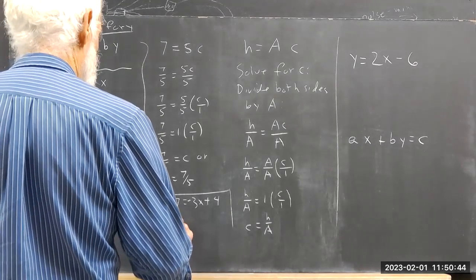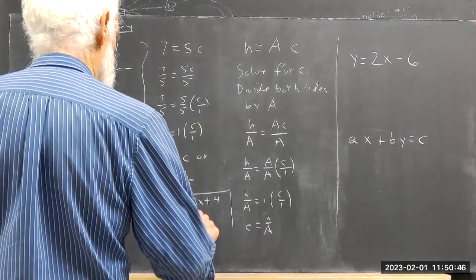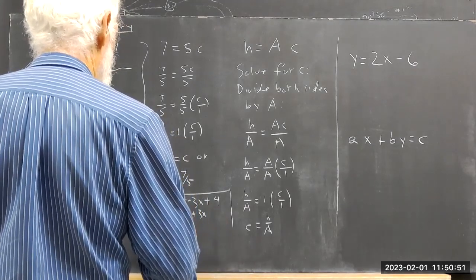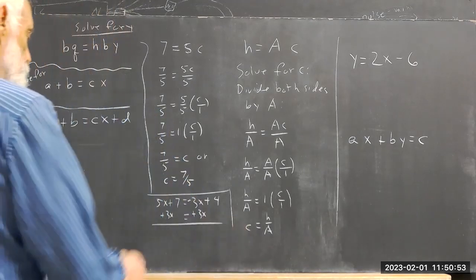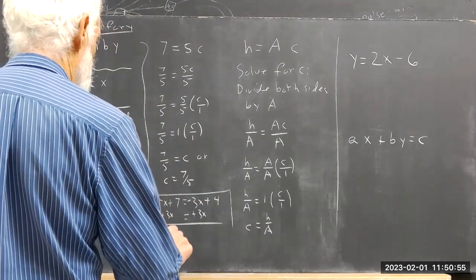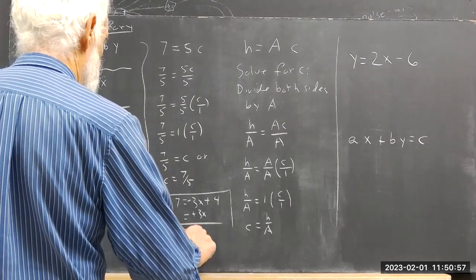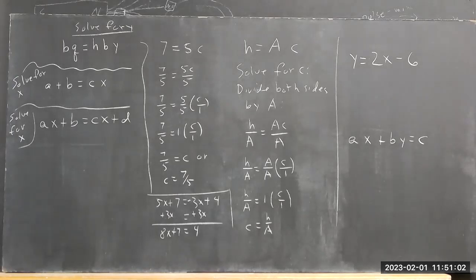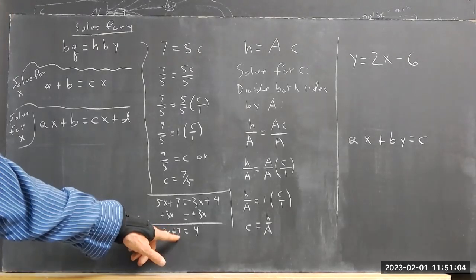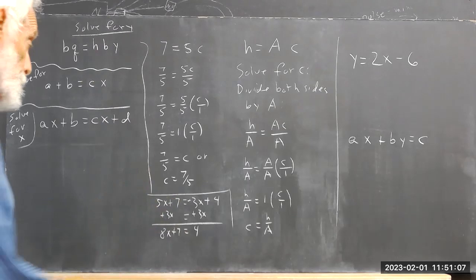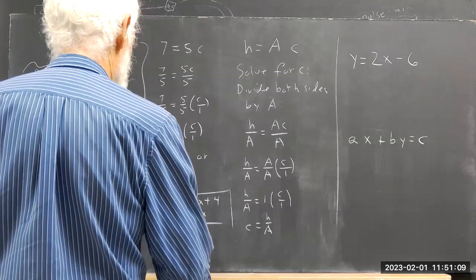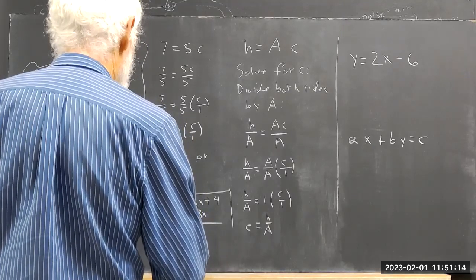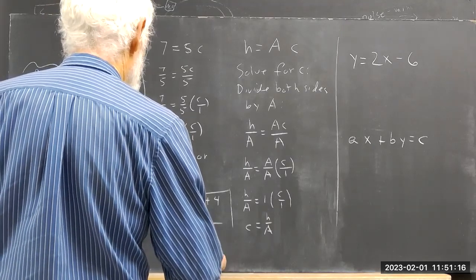We would want to add 3x to both sides. Which would give us 8x plus 7 equals 4. And then we want to subtract 7 from both sides. To give us 8x equals minus 3.